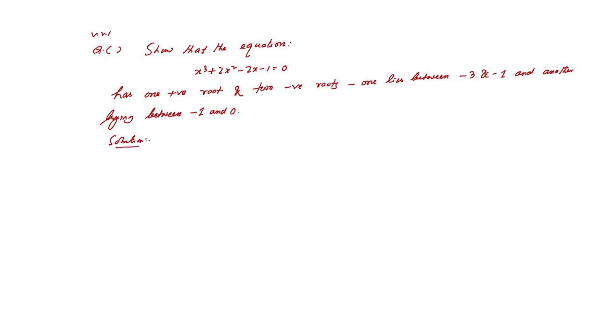How to solve this kind of problem? Let us give a name: f(x) equals x cube plus 2x square minus 2x minus 1. Now what is said? On the real line, this is 0.